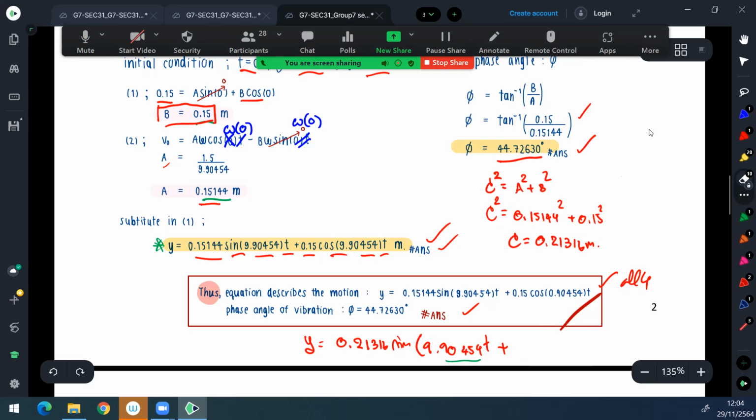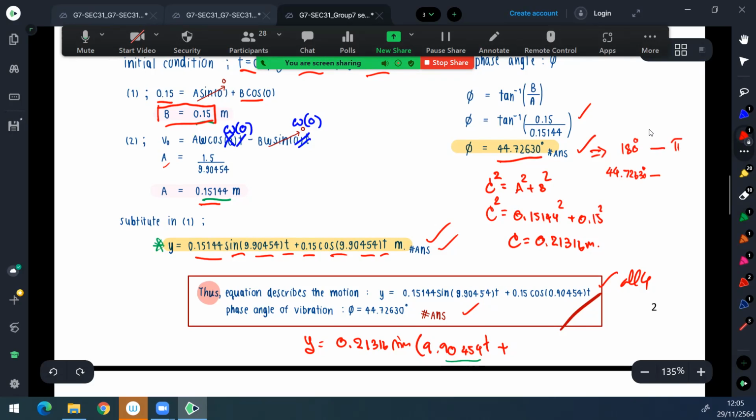So the angle phi is 44.72630 degree. You have to convert it to radian first. For this angle in radian, we know that 180 degree is pi radian, right?